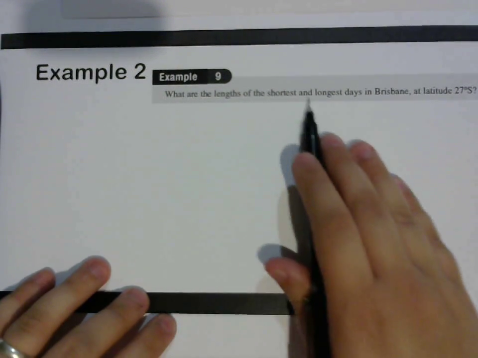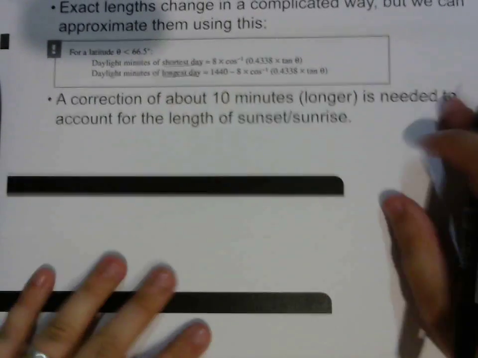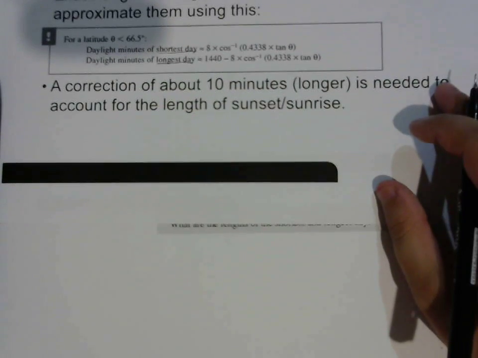So my question asks, what are the lengths of the shortest and longest days in Brisbane at latitude 27 degrees south? So I'm going to grab my cheat sheet here and copy down the rule that I've got.